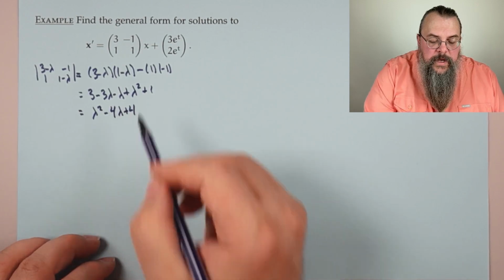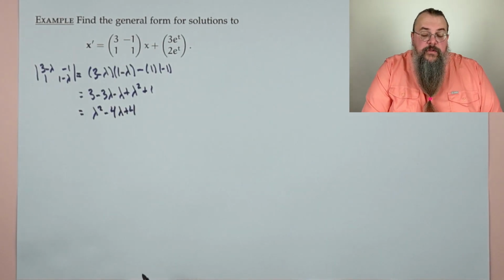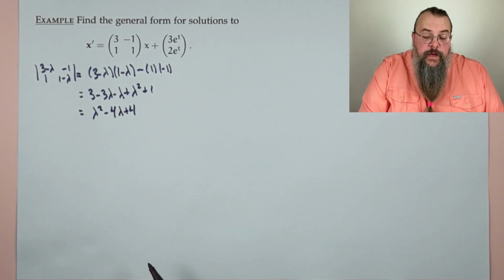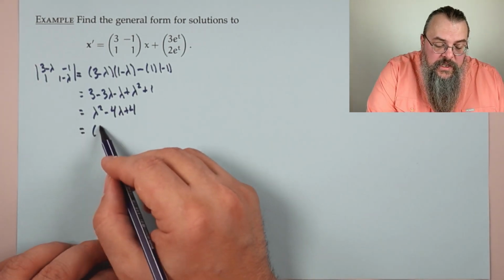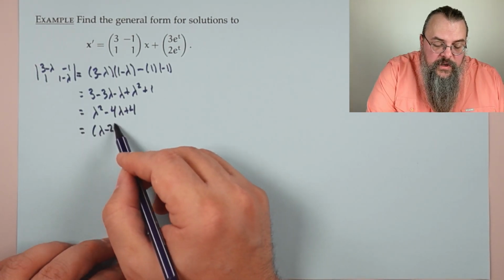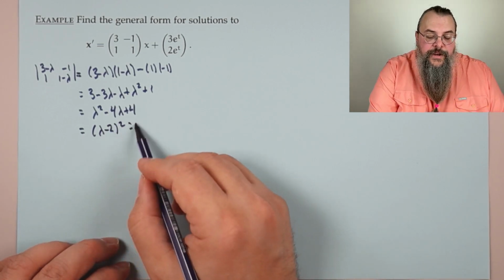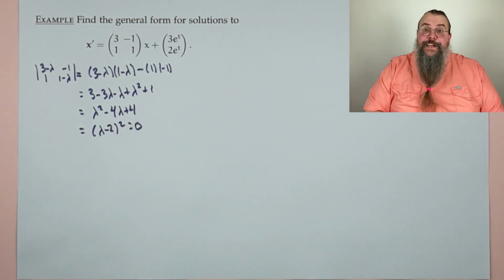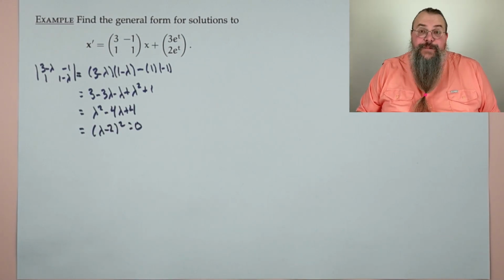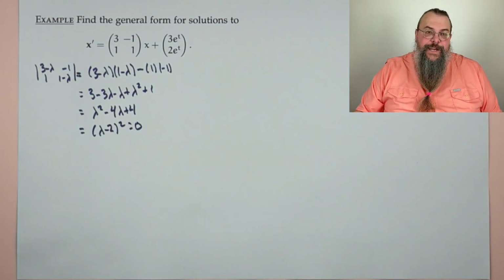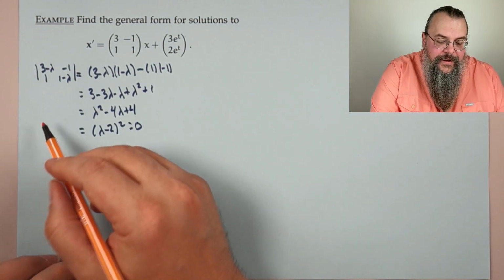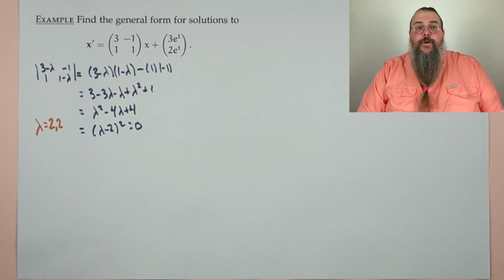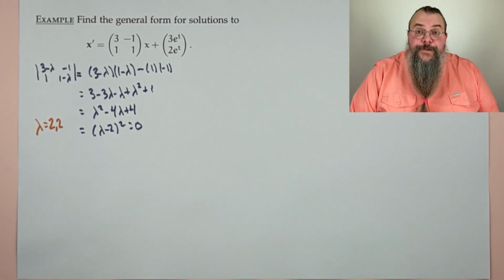So what do we have? We have lambda squared minus 4 lambda plus 4, which is lambda minus 2 squared. Oh, repeated eigenvalues. Okay, cool. That's actually not a bad thing for us. We kind of like repeated eigenvalues. So what to do when you have repeated eigenvalues?